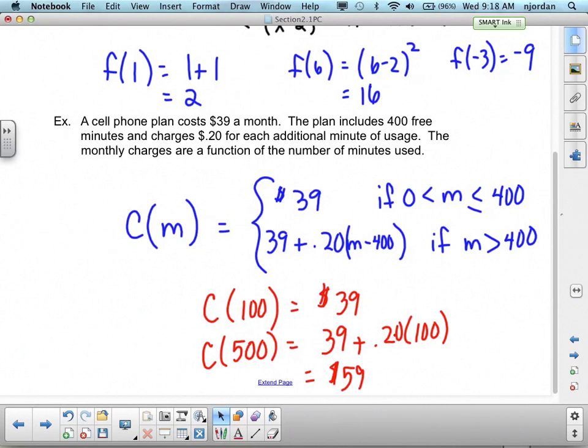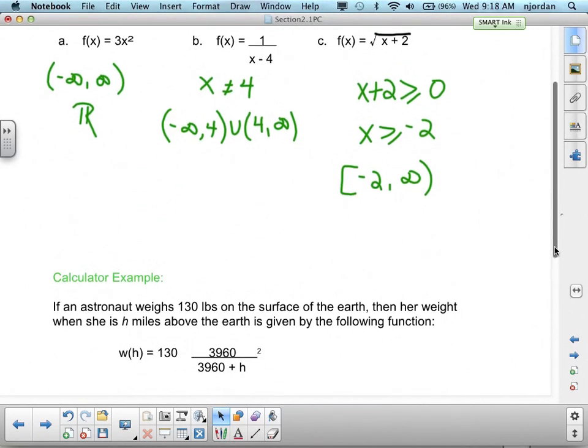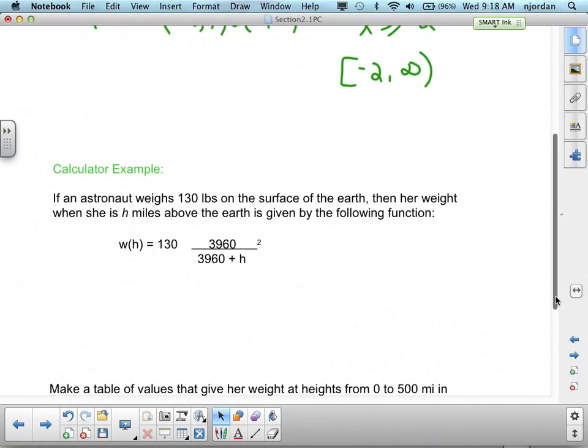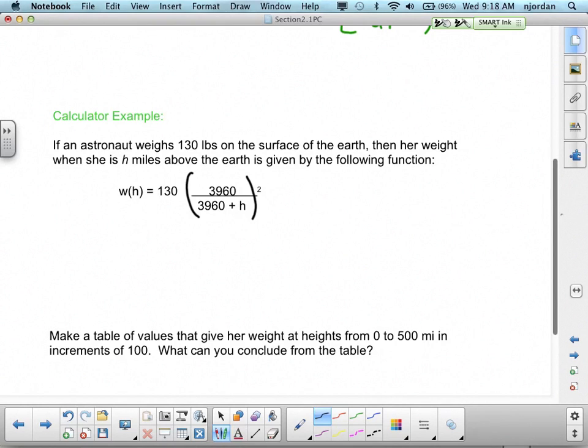Okay, last example, we're going to use the calculator. So grab your calculator if you don't have it out right now. This example came right from the book. I just want to make sure you can manipulate some things on your calculator. Put parentheses in there like that. Okay, let me grab this up here for you.